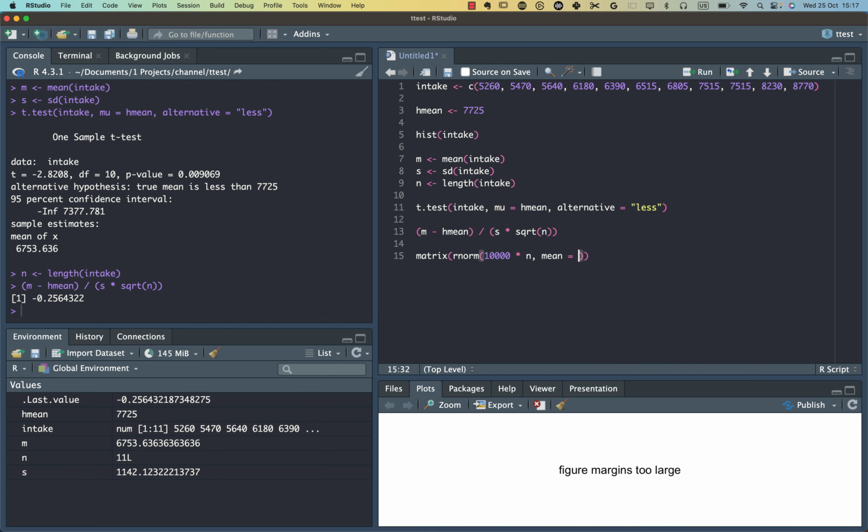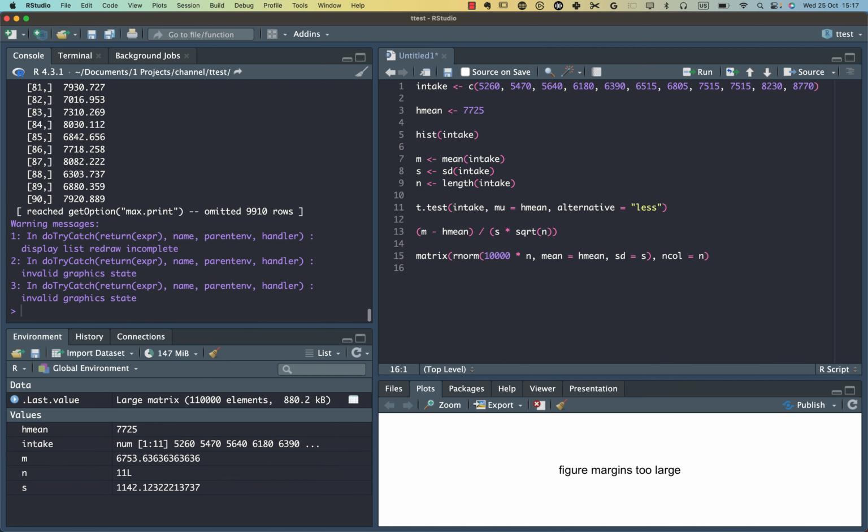The mean would be the hypothetical mean. And you also need to specify the standard deviation of the normal distribution. In this case, this would be s. And then you need to tell R that this should be rearranged in such a way that there will be n columns.